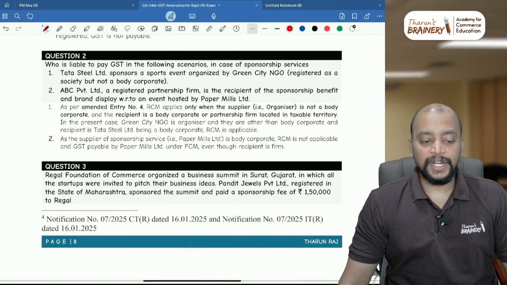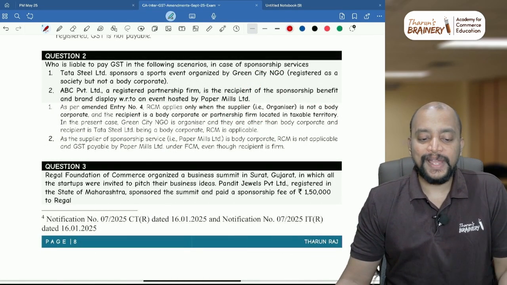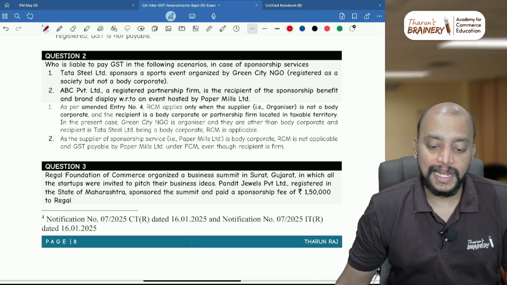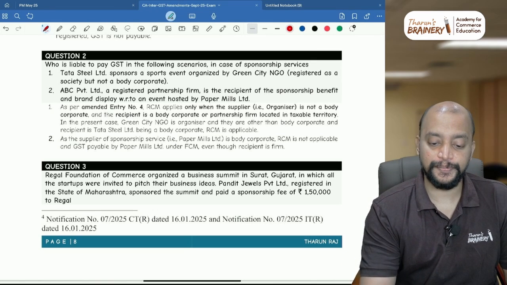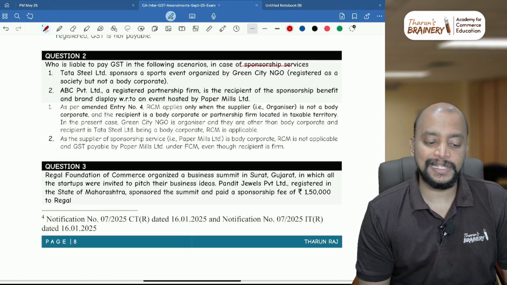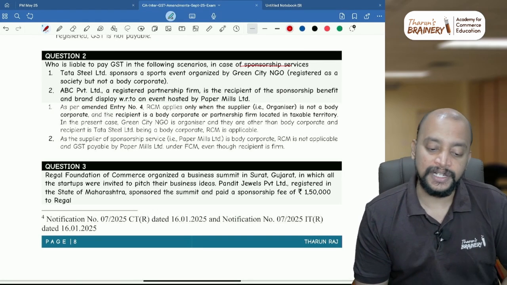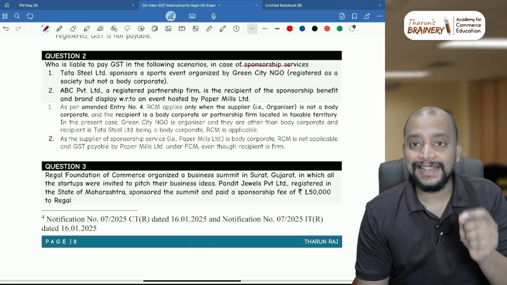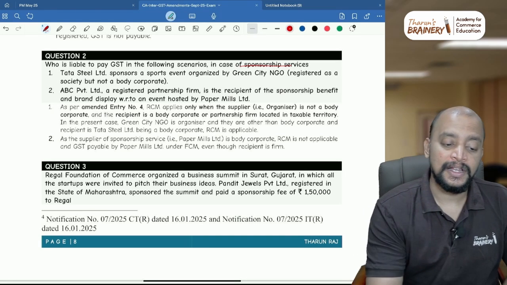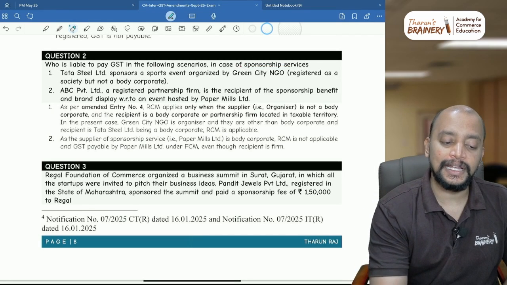Look into question number 2. Who is liable to pay GST in the following scenarios in case of sponsorship services? Tata Steel Limited sponsors a sports event organized by Green City NGO. Who is supplier? The one who is organizing is the supplier.